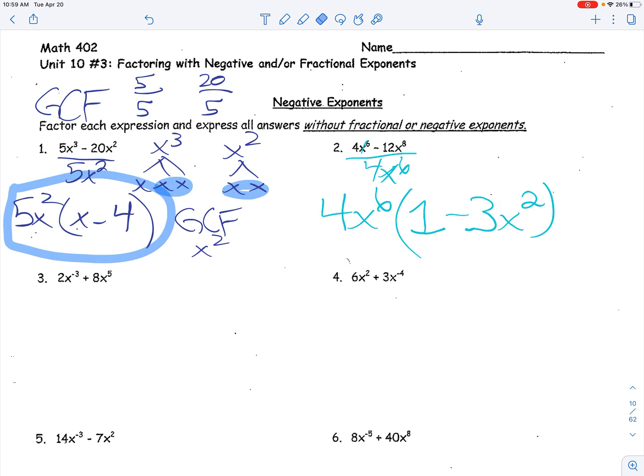What's the GCF there? Right, between x to the negative third and x to the fifth.